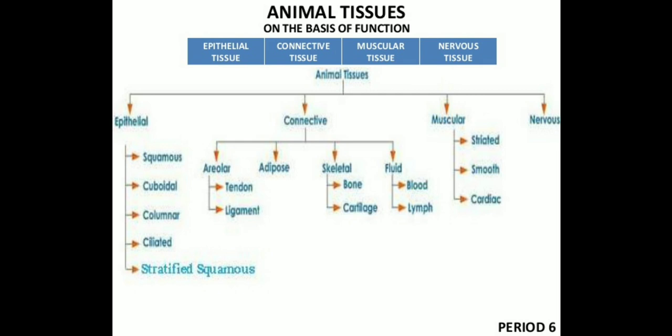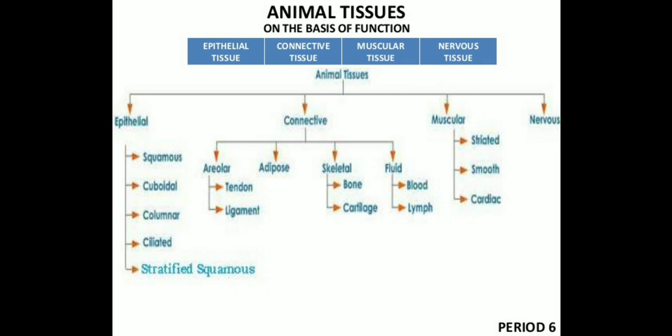Whereas in case of connective tissue, again 4 subtypes are there, that is areolar connective tissues, adipose connective tissues, skeletal connective tissues and fluid connective tissues, among which areolar connective tissue consists of tendon and ligaments. Adipose connective tissue doesn't have any kind of subtypes.